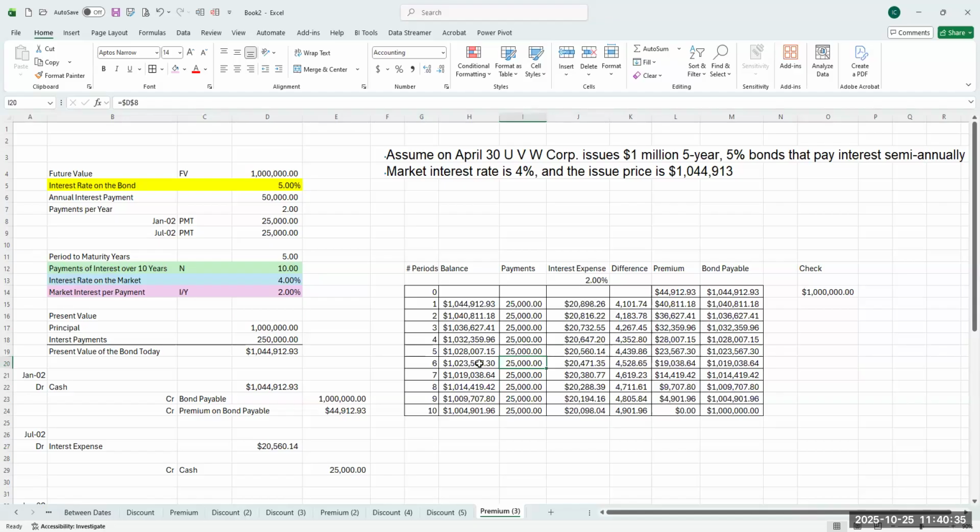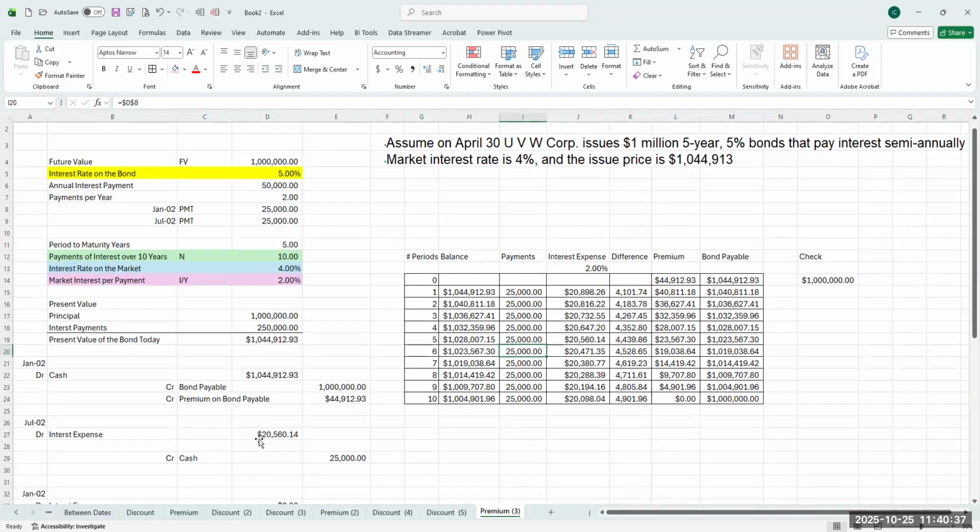So from here, I can start plugging in my entries. My interest expense will be this amount, equal to this amount in this case. My cash will be 25,000. And now I need the debit. My debit here is going to go to the reduction of the premium on the bonds payable.